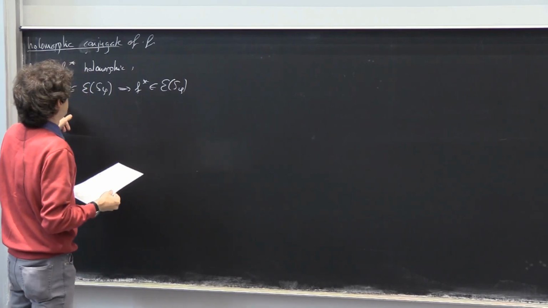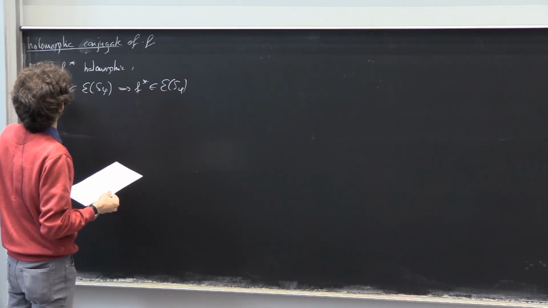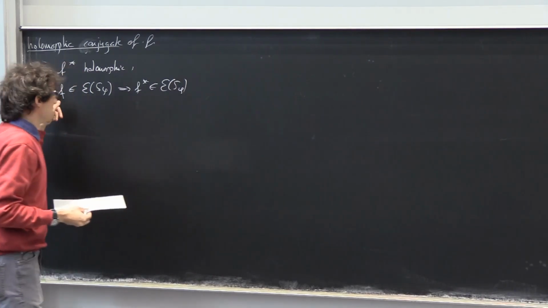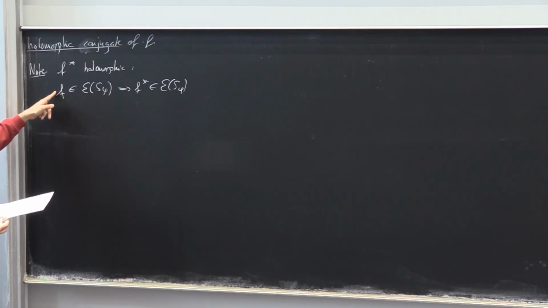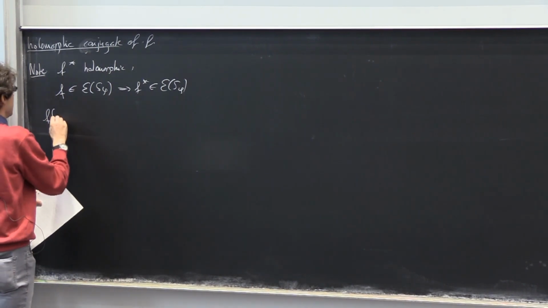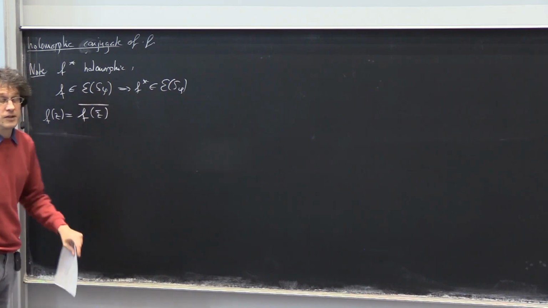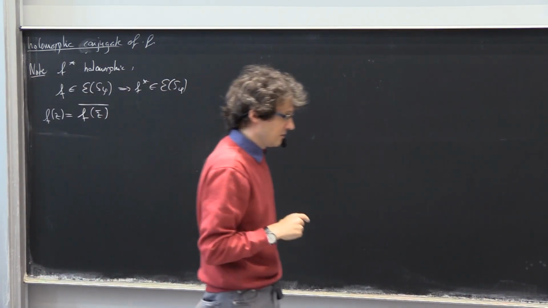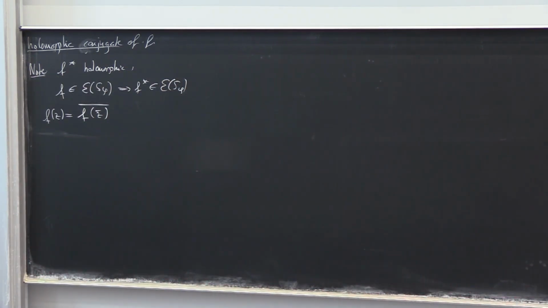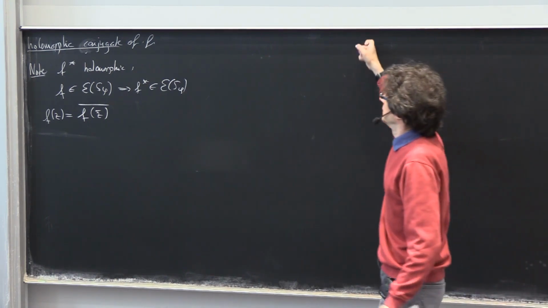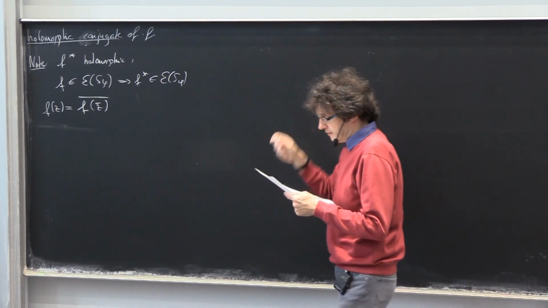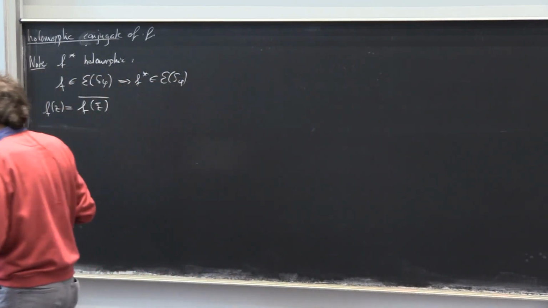And if it's in H0 infinity, this means it decays at 0 and infinity, and if you do the conjugates on the argument and on the function, this will not destroy these decays. So if you start in E, you remain in E.